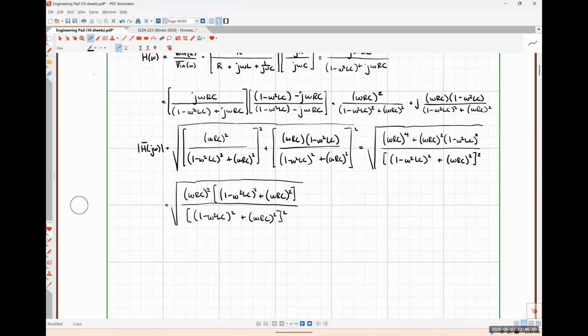We can see that this term cancels out one of the powers in the denominator, like every other thing that we've done. And so our result is simply going to be omega RC divided by the square root of 1 minus omega squared LC squared plus omega RC squared, like so.